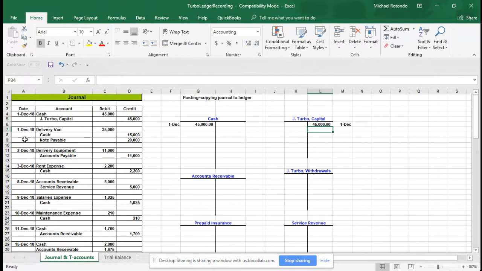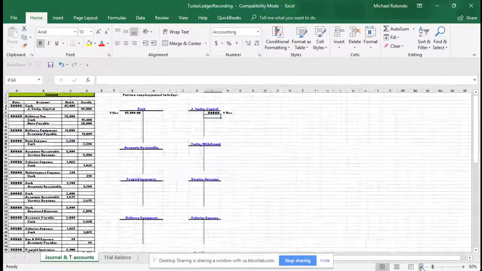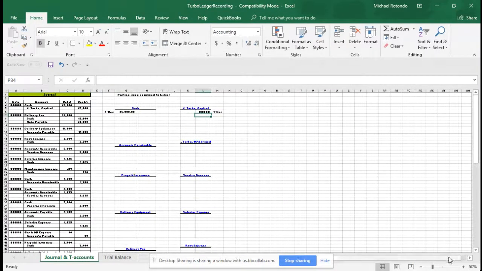Now also on December 1st, we have a debit to the delivery van. Now I can't see the delivery van on my screen, so I have a couple of choices. I can always print out the journal, and there I have it right in front of me, or I can always shrink down my screen so I can see more of it. But as you can see, that has its challenges as well.